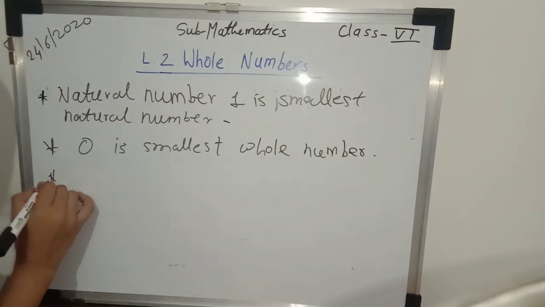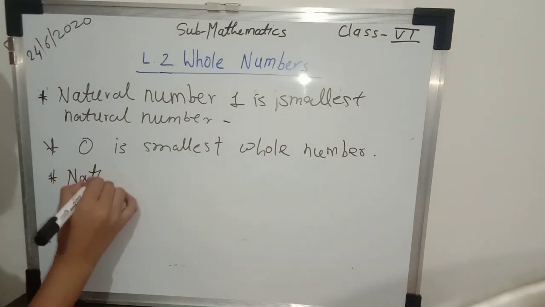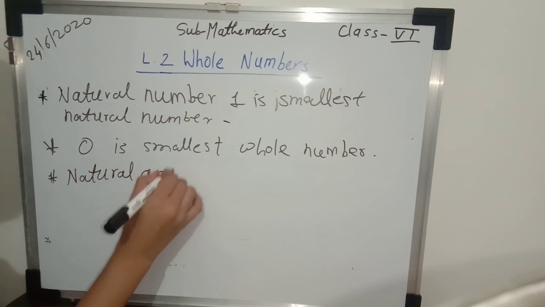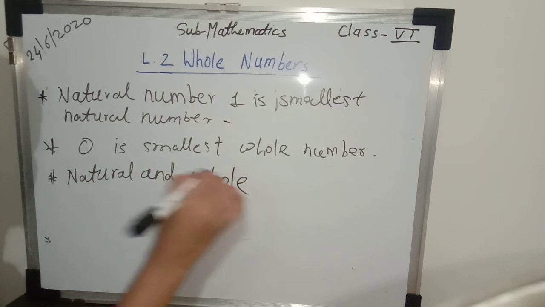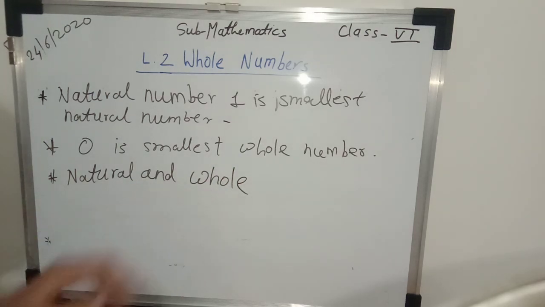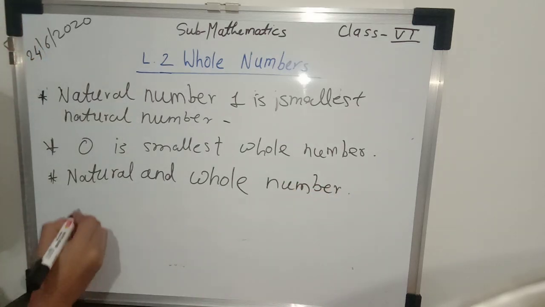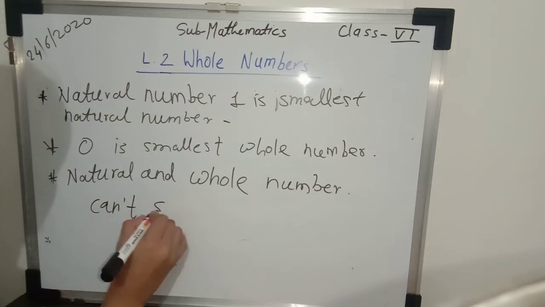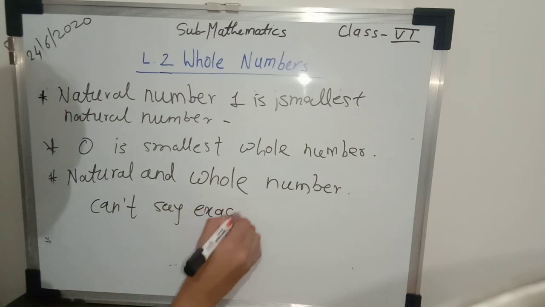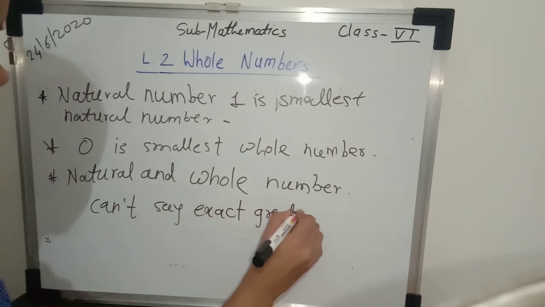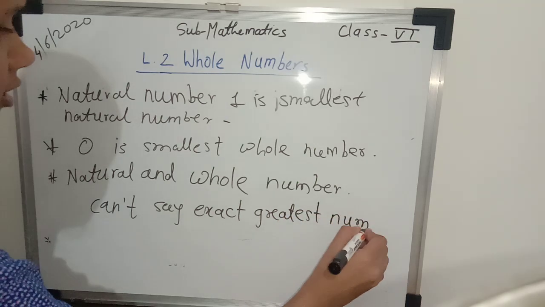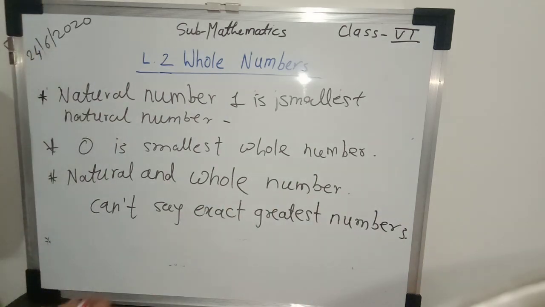Now one more thing, in both natural and whole numbers we can't say the exact greatest number, because infinite natural numbers are there and infinite whole numbers are there, so we can't tell which one is the exact greatest number.